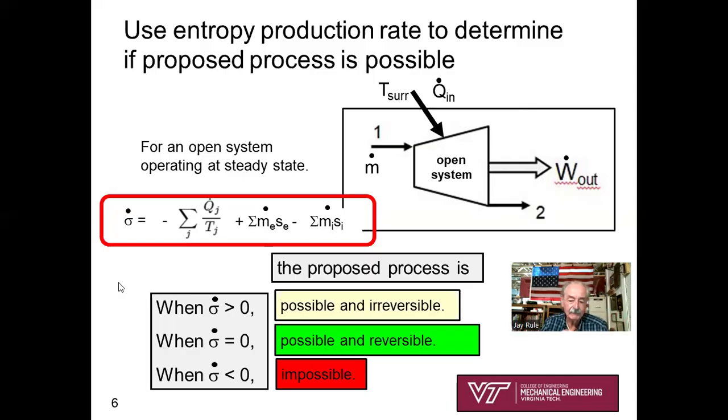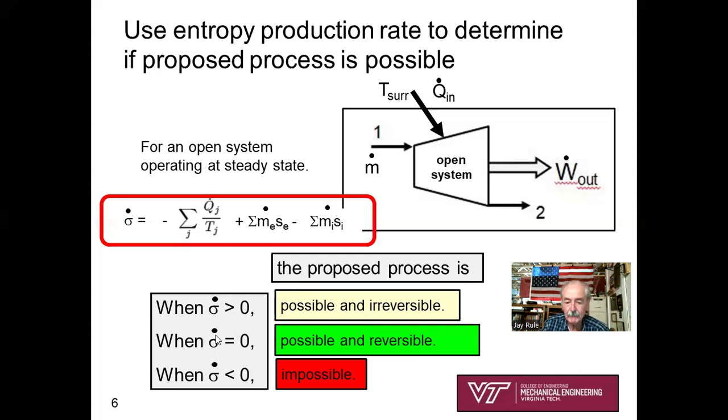We can make some statements about the second law of thermodynamics now that we're good at calculating entropy production rates for open system processes. But it's just a process, 1 to 2, okay? So we can say that when sigma dot is greater than 0, the process is possible and it's irreversible. There's something going on within the process that's irreversible.